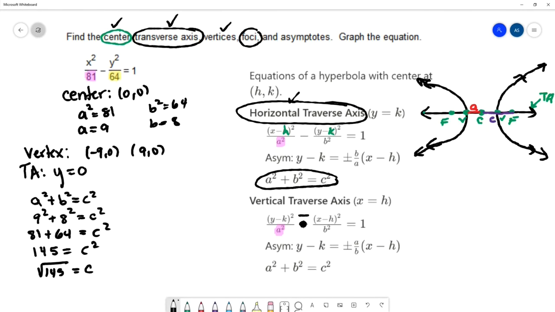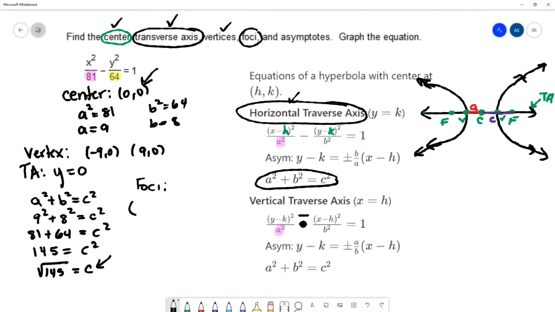And I can find my foci using my center. So from the center, I'm going to move left and right the amount of that c value.